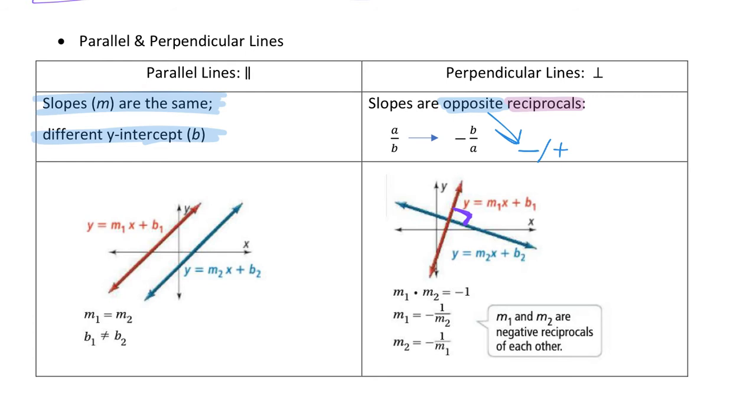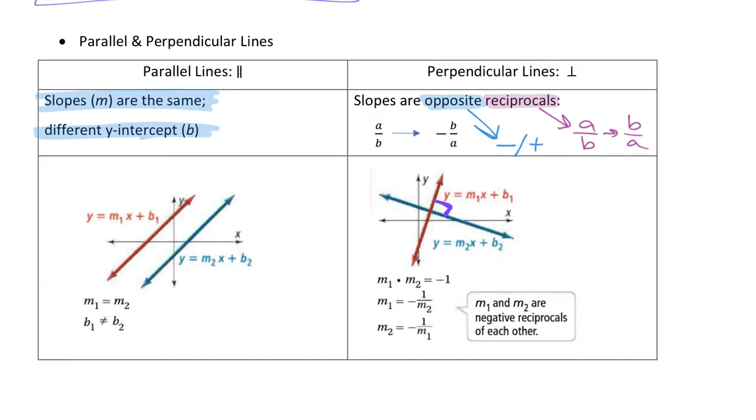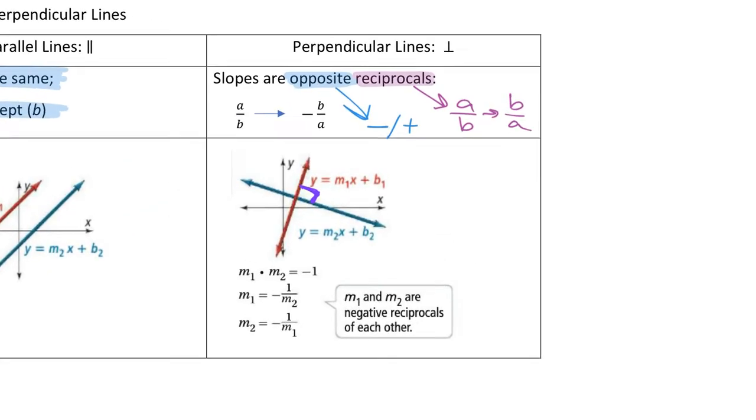What's a reciprocal? A over B has a reciprocal of B over A, right? Flip it over, okay? So if their slopes have to be opposite reciprocals, that means we flip it and we change the sign. Let me give you a rundown of a few numbers here.